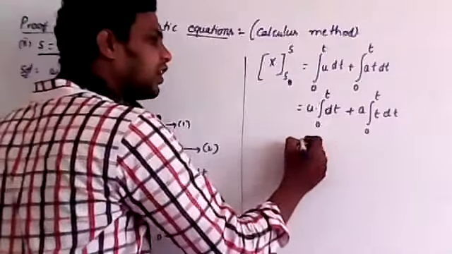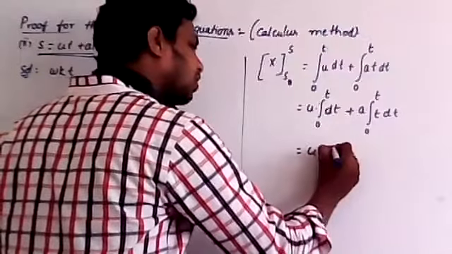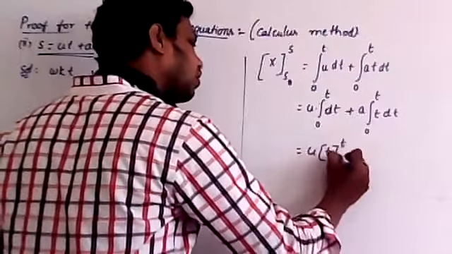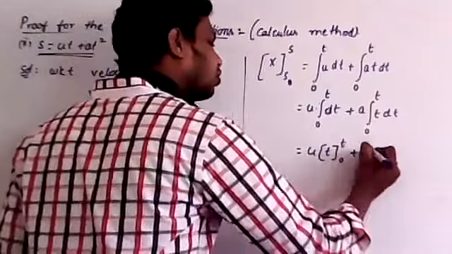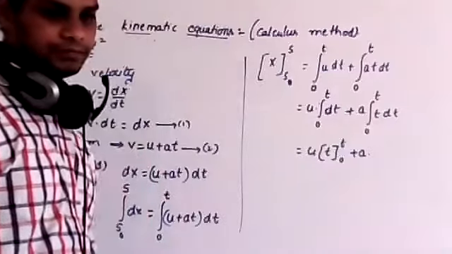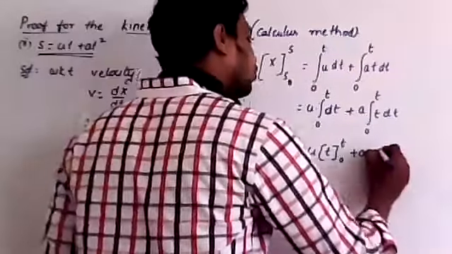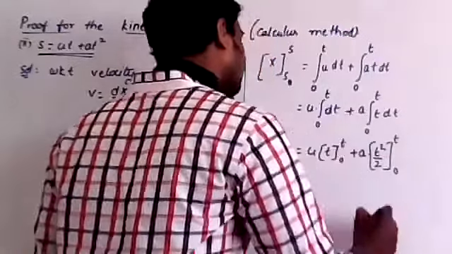Now what is integration of dt? t. Therefore, u into t between the limits t to 0, plus a into integration of t dt, which is t square by 2, between the limits t to 0.